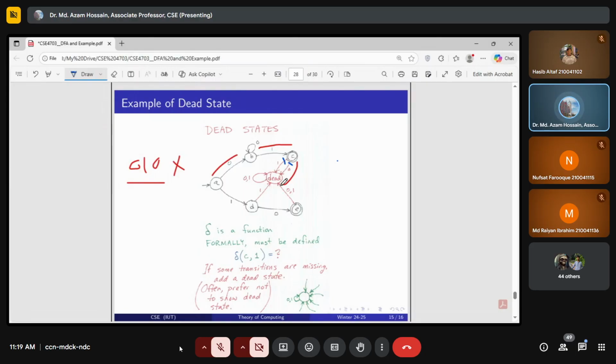But here I have written only one transition. I label it with 0, 1, multiple symbols. It's possible. Because either if you get 0 or 1, you will go to the dead state. So instead of these two transitions, I can also write it like this. That means with either 0 or 1 in state C, I will go to the dead state.